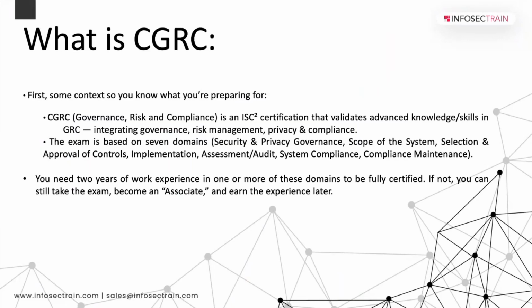You need a minimum of 2 years of work experience in one or more of these domains to be fully certified. So out of the 7 domains we will cover in the CGRC, in a minimum of 2 or 3 domains you should have at least 2 years of work experience.